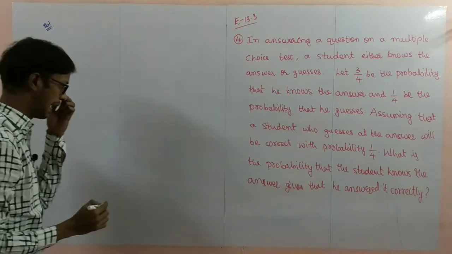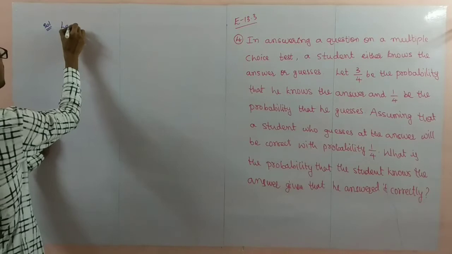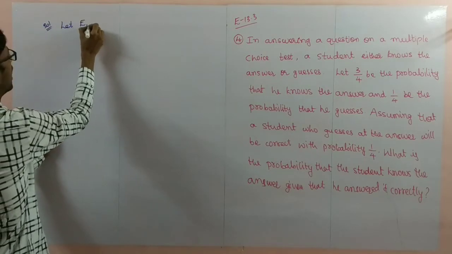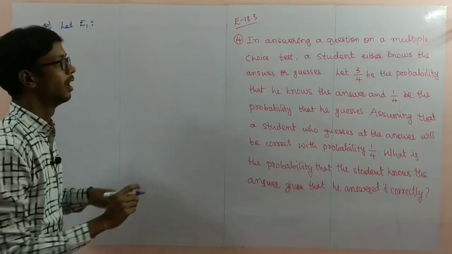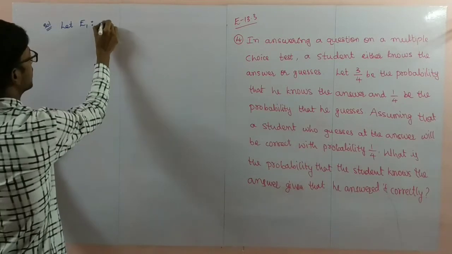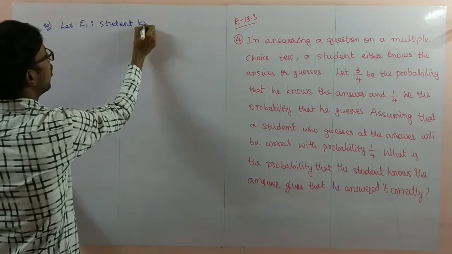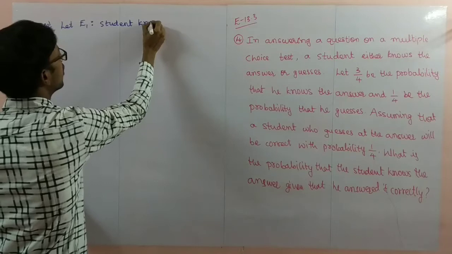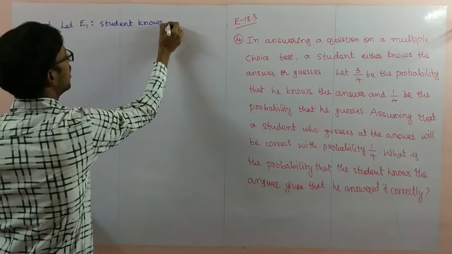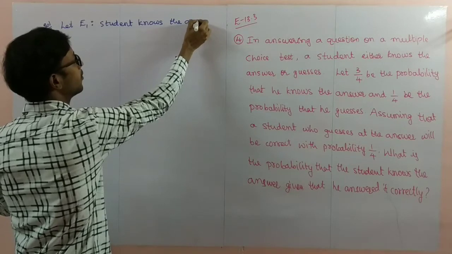First of all, I'll take the events. Let E1 be the event that the student knows the correct answer.